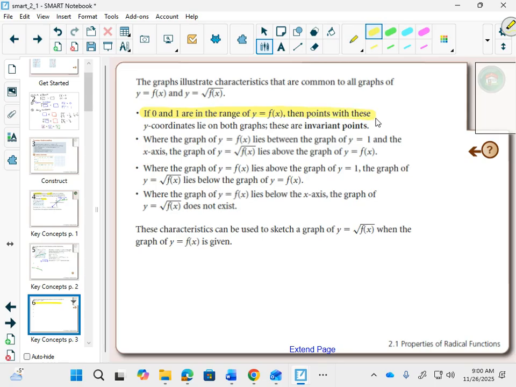0 and 1, they're called invariant points. They do not change. That's the first thing you're going to look for. Second point here, and maybe I'll highlight it, and I'll make a note.